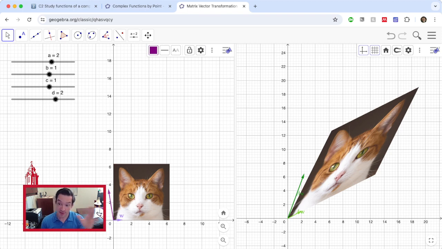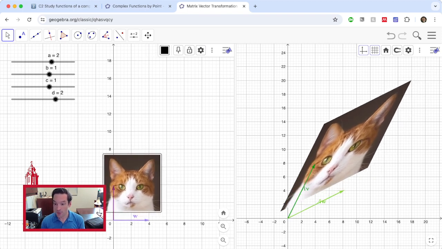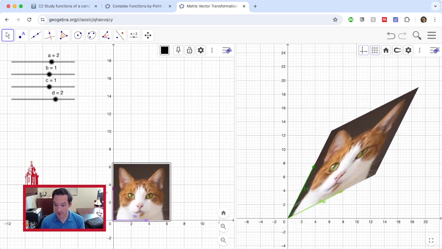The function is not the inputs, the function is not the outputs, the function is the relationship between the two of them. So as I vary this input vector, I can observe how the output vector varies. And if I can do that with vectors, I can also do that with entire subsets of the input plane. That's where my cat comes in. I can move this subset around a little bit and see what happens.